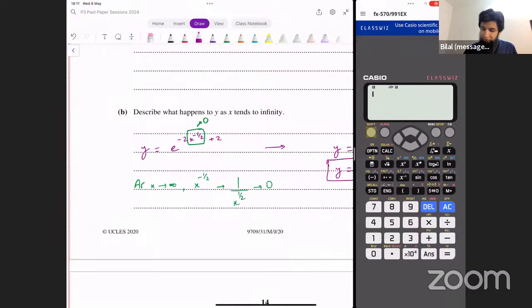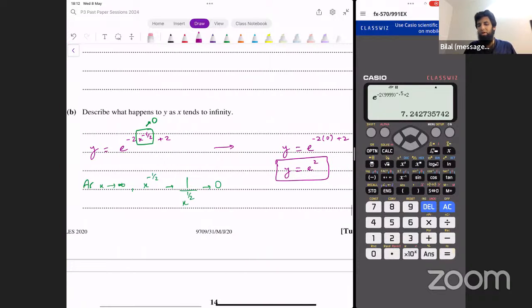That's e raised to the power minus 2 into x. In place of x, put a large number, any large number. So let's say 9999, for instance. Raised to the power minus 1/2, that's minus 0.5, plus 2. Just put this on your calculator like this, and your calculator is giving you an answer, 7.243. You can just write that as it is as well.